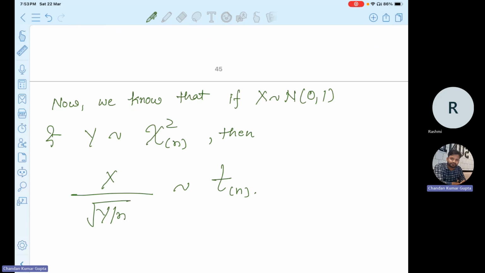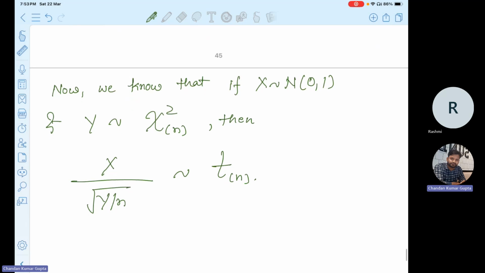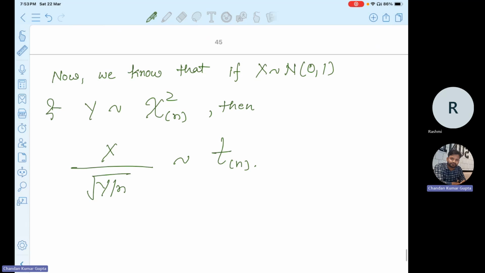So the upper one is a standard normal variate, and y divided by its degrees of freedom, under the positive square root, is chi-square.